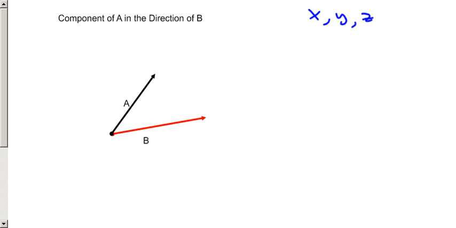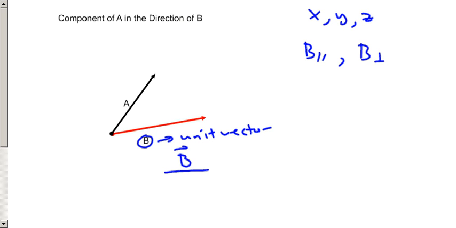So we can talk about writing A that is parallel to B and writing A that's perpendicular to B. In order to do that, what we care about is the direction of B. So let's make B a unit vector so that all we're getting from B is its direction. So we've got B divided by the magnitude of B.